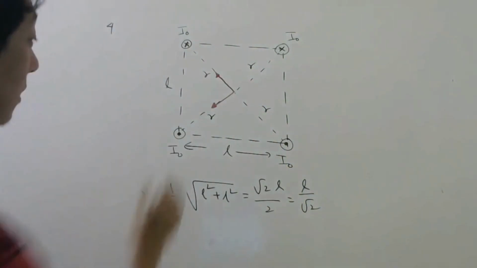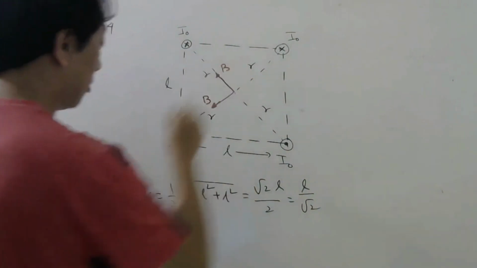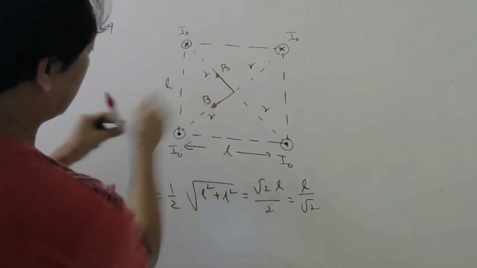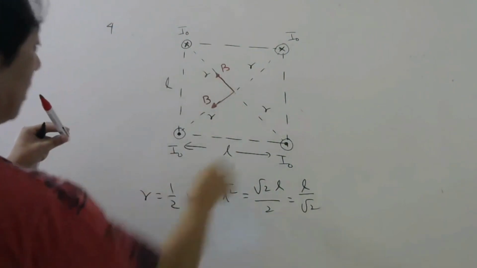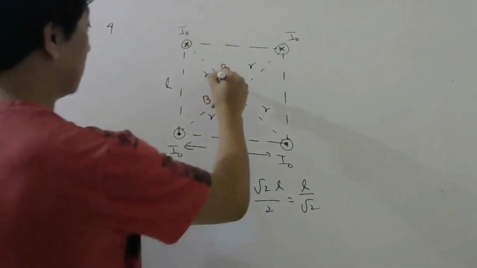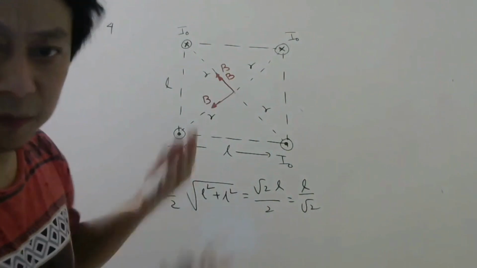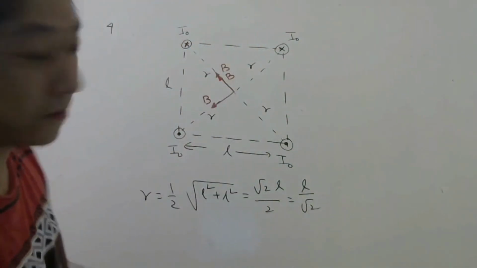Okay, this magnetic field is due to this wire, and this is due to this wire. Now this one is out, so it will be like this. So when you reach here, the circle will be like this, so the tangent gives the direction. One more B will come here. The magnitude will be the same because each has the same current and the distance is also the same.